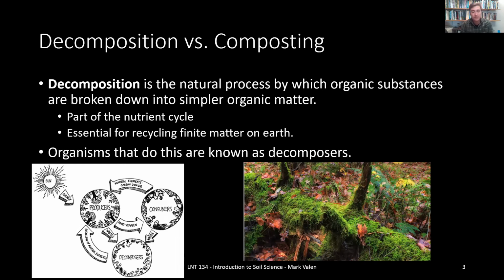The organisms that do this process are known as decomposers. So this is kind of Earth's recycling system, taking living things, and once they're no longer living, converting them back into a form that makes them available for new living things.